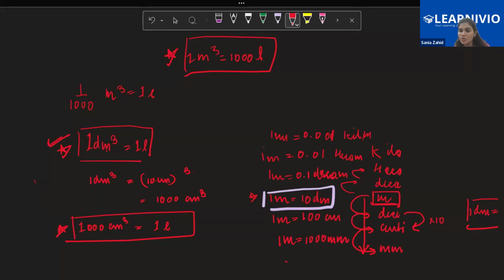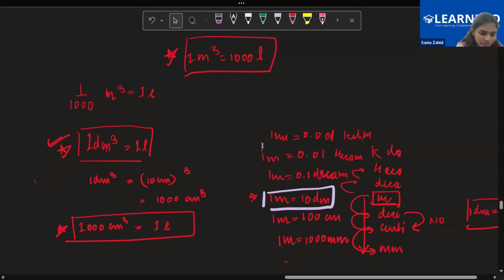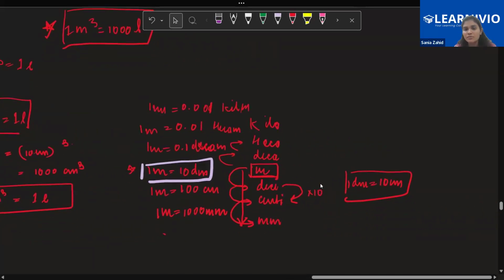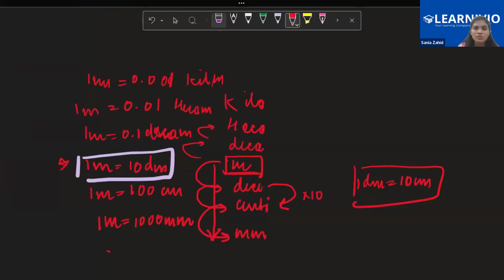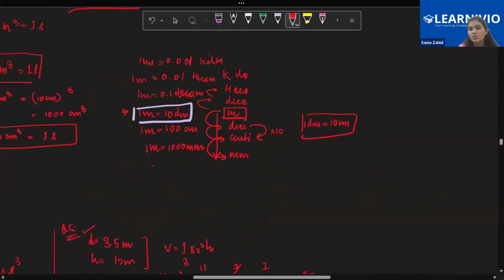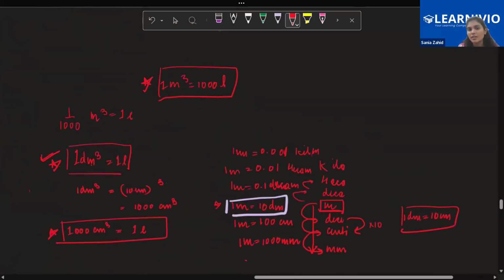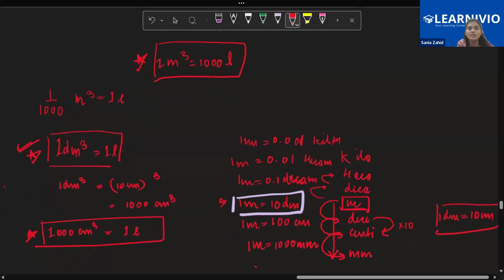If you want to go by conversion, you can do that. But children, just try to understand so that you are not making mistakes in conversions anymore. Note this thing down. First of all, note this table. And you should know how to do the conversion, and then note these conversions also: decimeter cube, centimeter cube, meter cube, and so on.